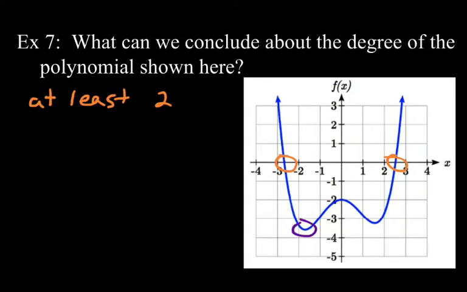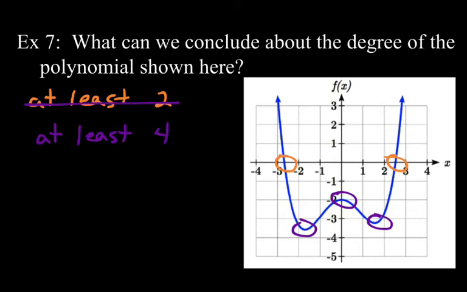So notice we have 1, 2, 3 turning points. So that tells us, nope, it's not at least 2. It has to have at least a degree of 4, because the turning points always have to be at least 1 less than the degree. So if you've got 3 turning points, your degree is at least 4.